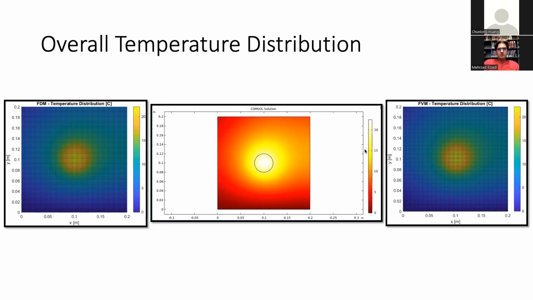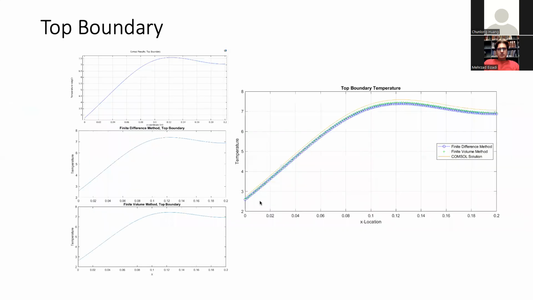The areas of interest are the top boundary and the left boundary, because those are the areas that are exposed to the cold air. So in this slide, we plot the solution for all three methods onto one single plot for the top boundary. As you can see here, the orange line is the COMSOL solution, and the other two lines are either the finite difference method or the finite volume method.